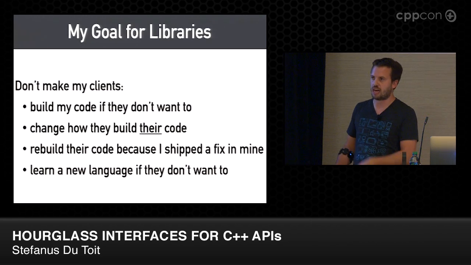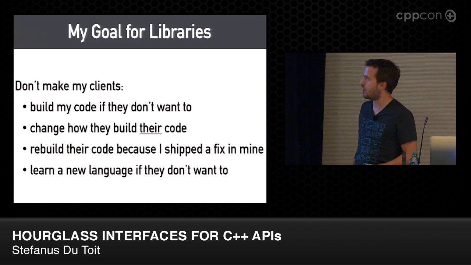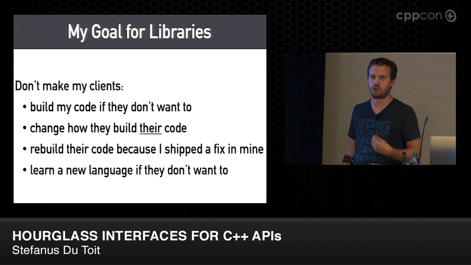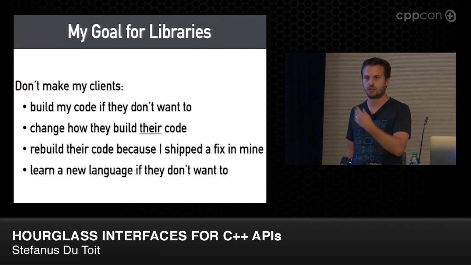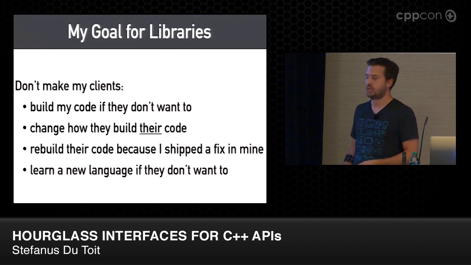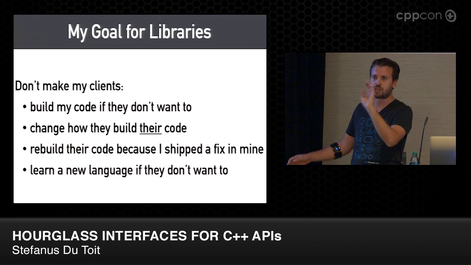The binary interface has. I want to avoid those things. I really want to be able to just, assuming my real interface hasn't changed, give them a new DLL, a new dylib, a new .so, and just have them be on their way. Ideally, they should even be able to tell their users, just drop this magic file over here and everything will get better.